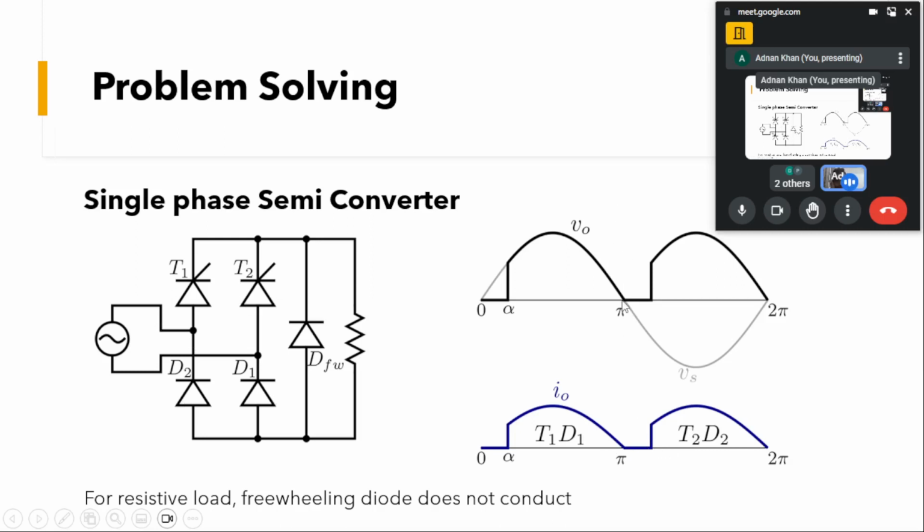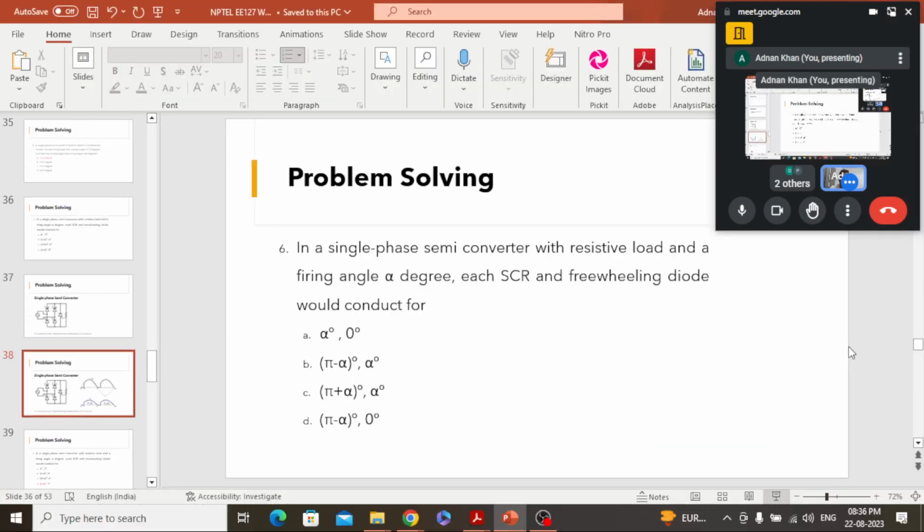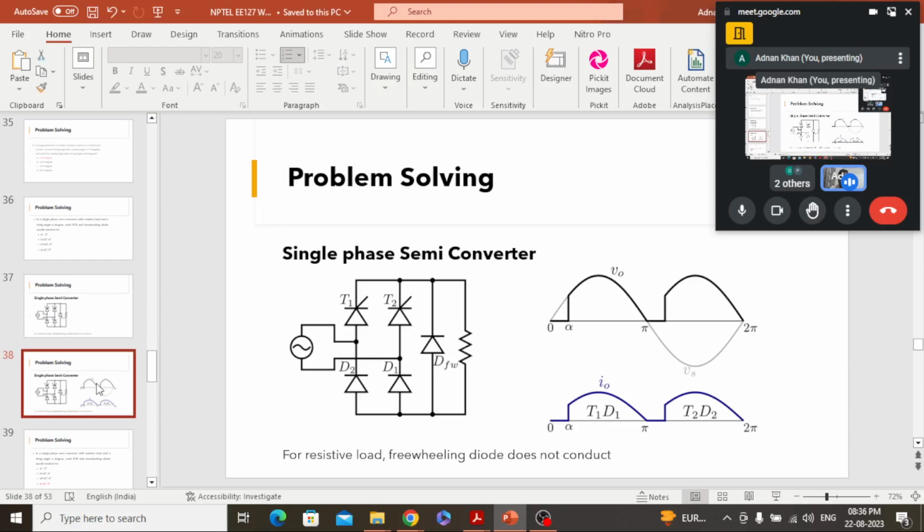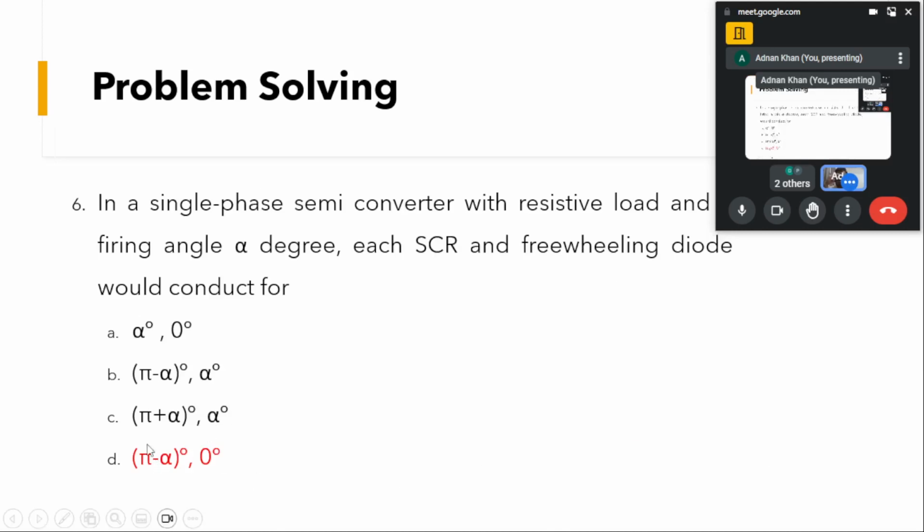Taking one half cycle, these devices conduct from alpha to pi, or pi minus alpha. Therefore the answer to this question is D. The SCR will conduct for pi minus alpha degree, and the freewheeling diode wouldn't conduct at all because the load is resistive. Had there been an inductive load, the freewheeling diode would have conducted for the alpha period.